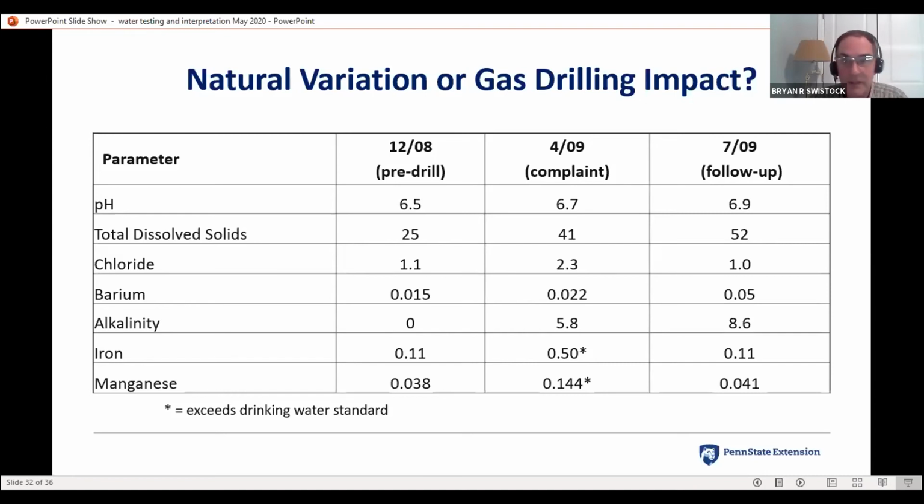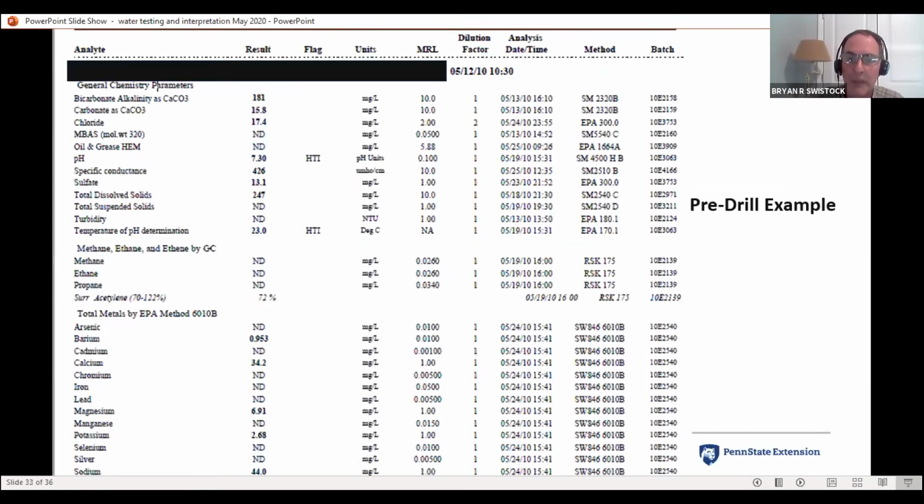Yes, it could be drilling, but it could be a lot of other things also. So keep in mind that single pre-drill samples make it easy to detect those big changes and more visible changes, but these very subtle changes that have lots of different reasons for them, especially things like iron and manganese and sediment, are very common things that vary and can be very difficult to document what might have happened.